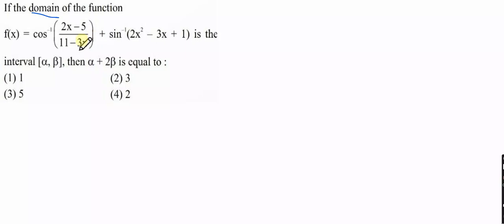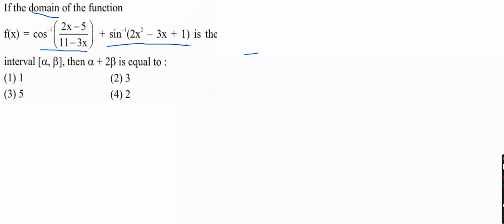So as we all know, we have to figure out the domain of both these functions, and then we have to take the intersection of them, because we only need the common part where both the functions' values are applicable. As we know, the domain of sine inverse and cos inverse is -1 to 1.